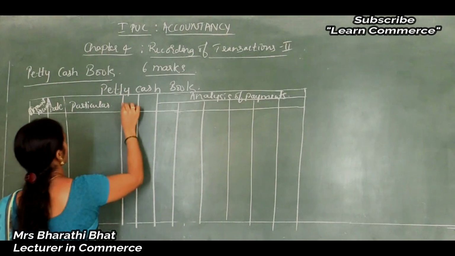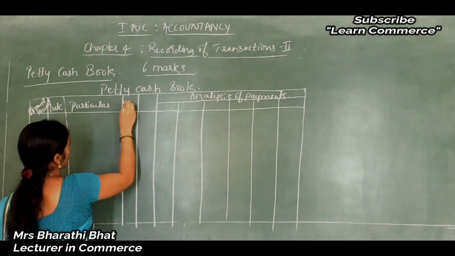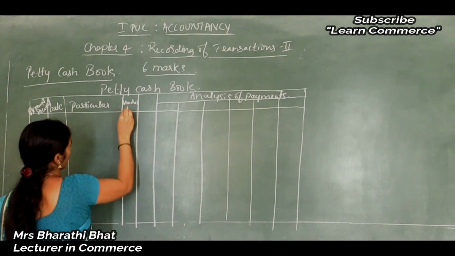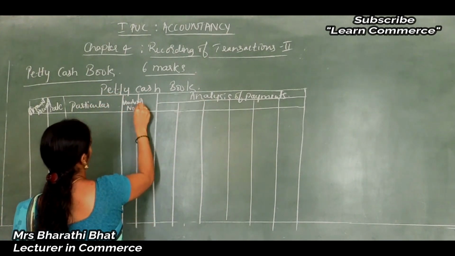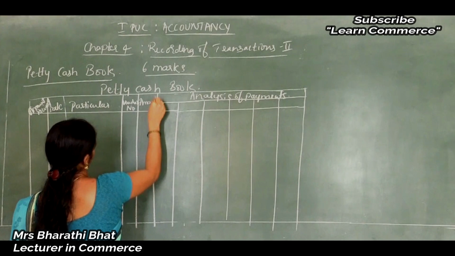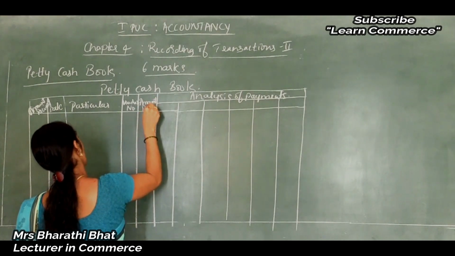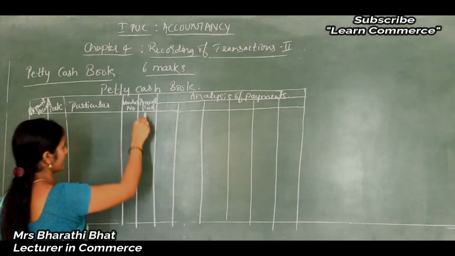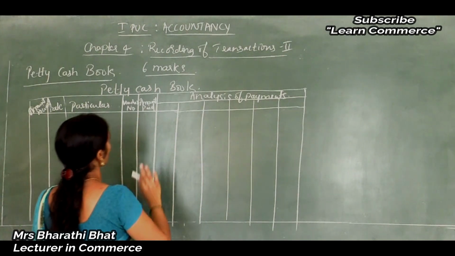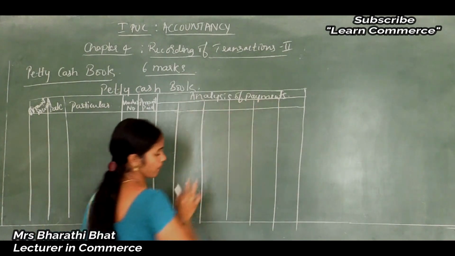So particulars, and the next one is voucher number, to record the voucher number, and next one amount paid. All amounts which are paid by the petty cashier are recorded here. Amount paid, and next analysis of payments.